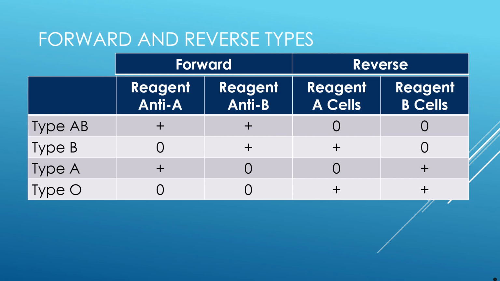Type B will not react with anti-A, but will react with anti-B. And type B plasma will react with A cells, but not with B cells. Type A will react with anti-A and not with anti-B. And A plasma will react with B cells, but not A cells. Type O will not react with anti-A or anti-B, but will react with A cells and B cells.